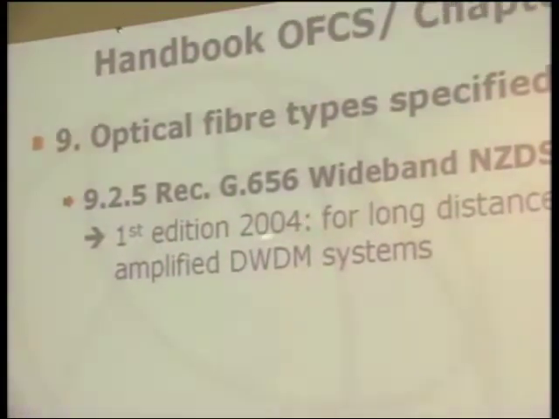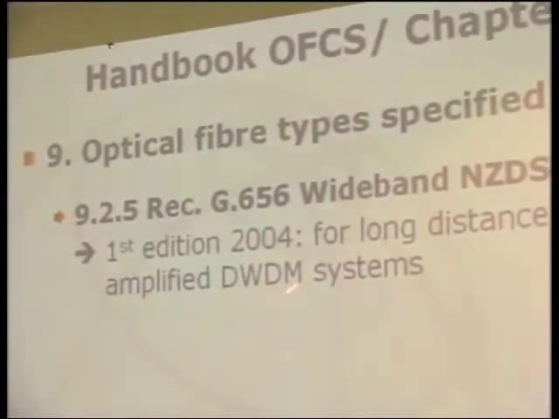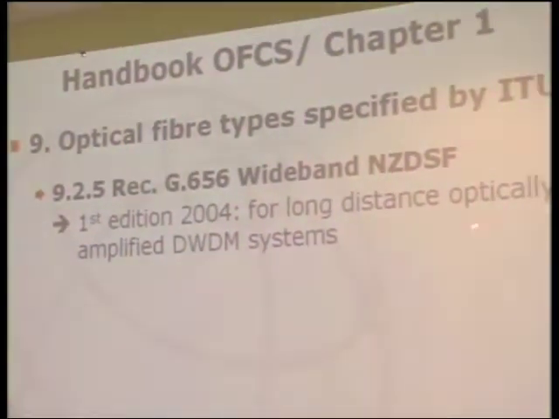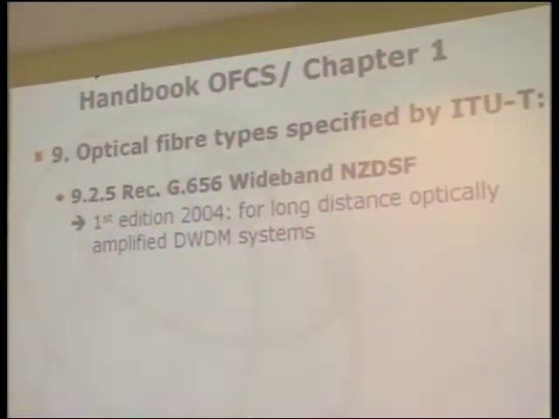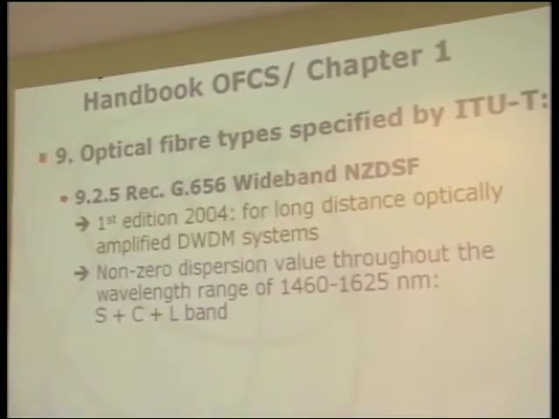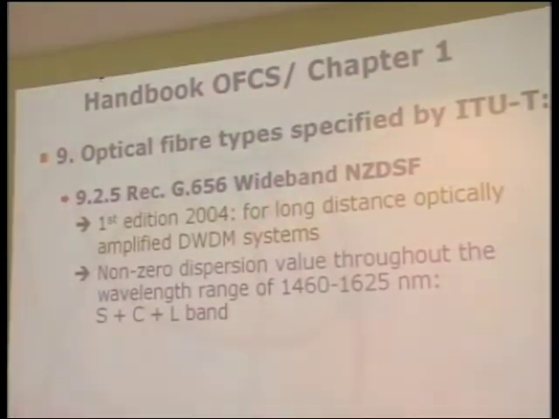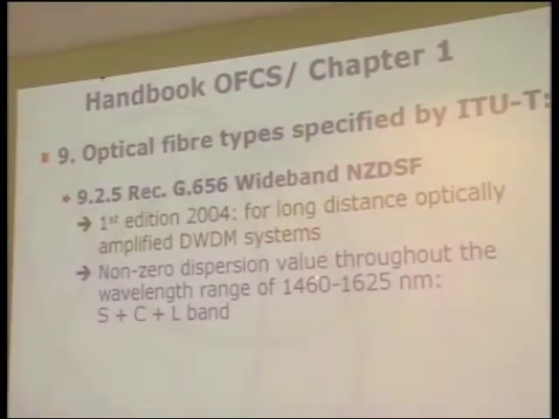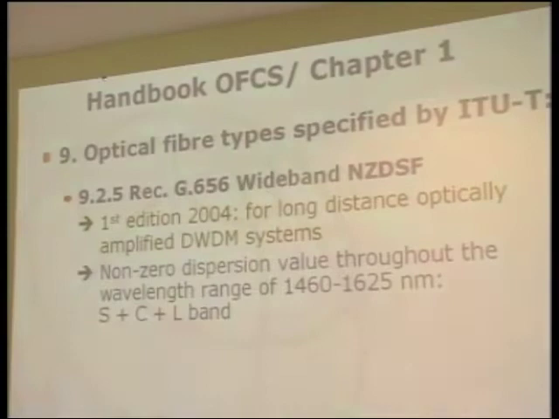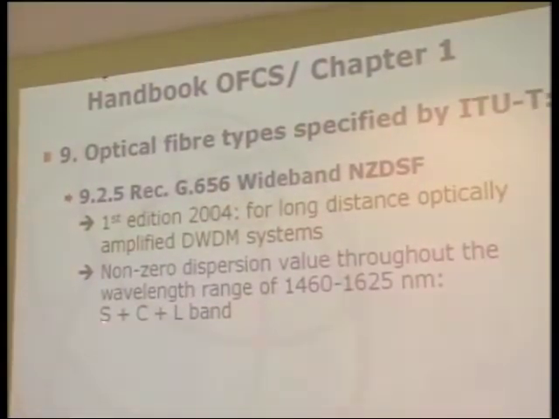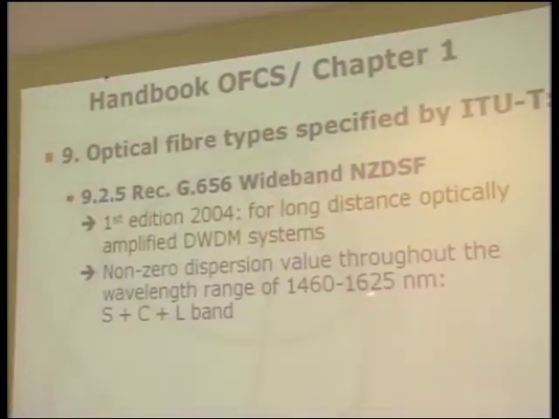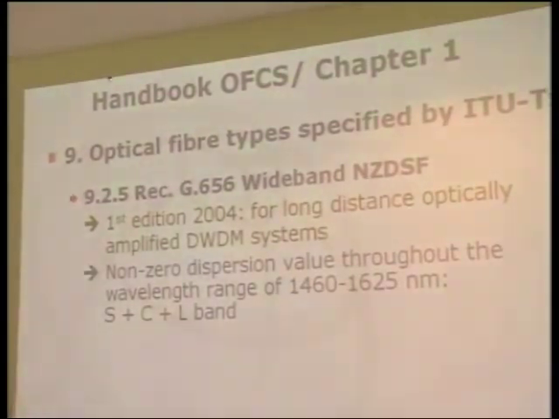The first edition was created in 2004, and again it was aimed for long-distance optically amplified dense WDM systems. In this case, the non-zero dispersion value is even outside, not only outside the C band, what we have in G655 fibers, but it's even outside the S band. So we have a very long wavelength range available for dense WDM systems.